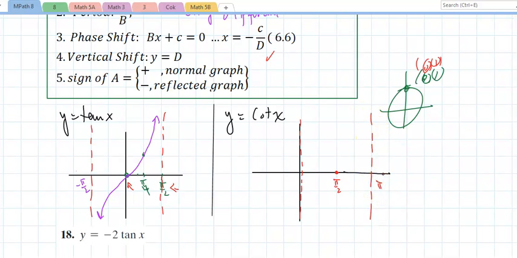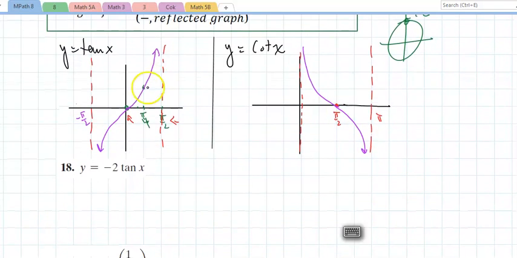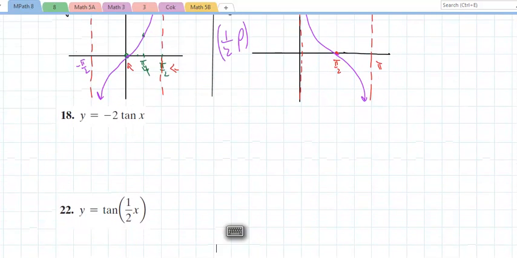Cotangent runs between 0 and pi, and it looks like a negative cubic. So, if you remember this, the labeling I'll show you how to do. And since there's only half a period, not 1/4 for tan and cotan. If I look at number 18, 1, amplitude is a negative 2.